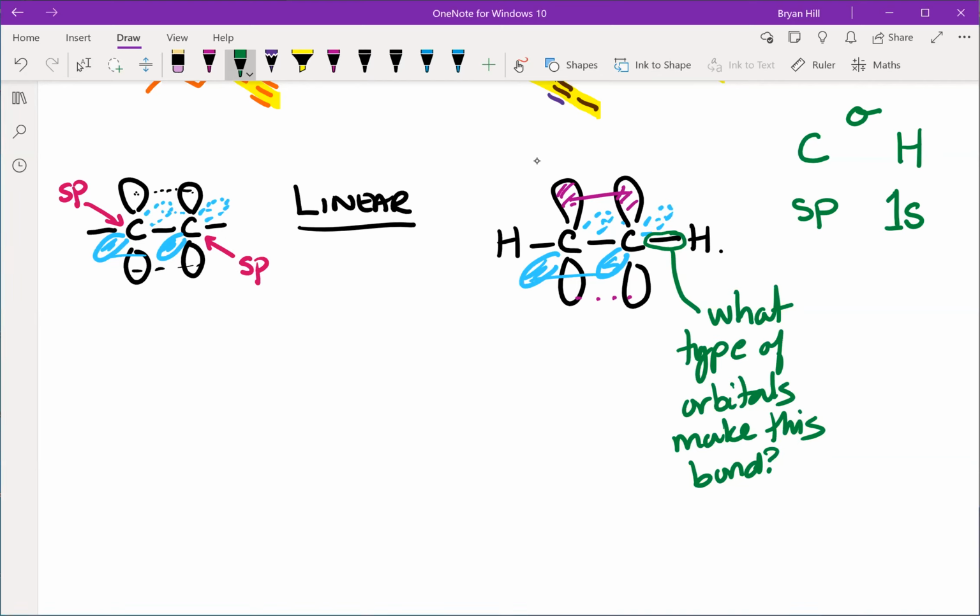So the carbon itself is sp hybridized, so the orbitals it has to use are p orbitals, and I'll draw this one so it's coming towards us, and then two sp hybrid orbitals.